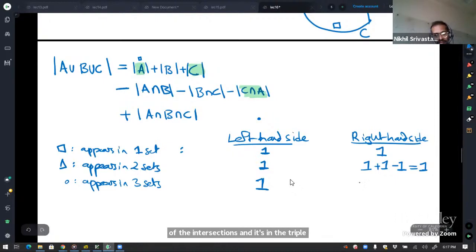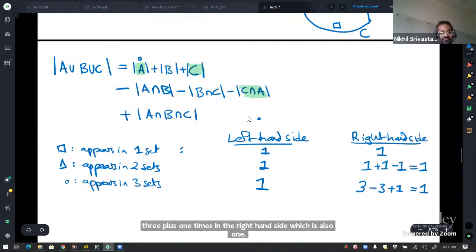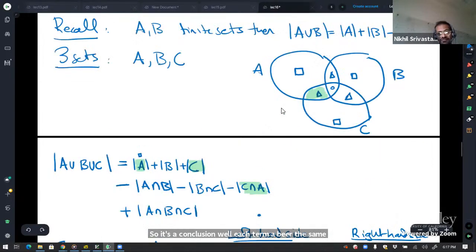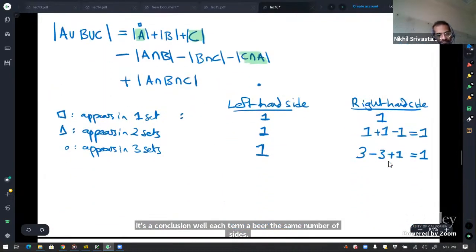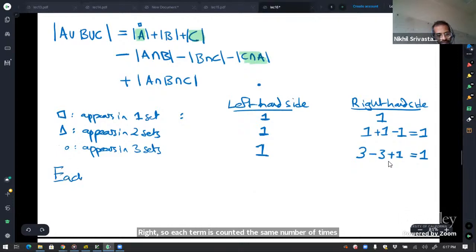So it's going to appear 3, -3, +1 times on the right-hand side, which is also 1. So the conclusion is that each term appears the same number of times on both sides, right? So each term is counted the same number of times on both sides.